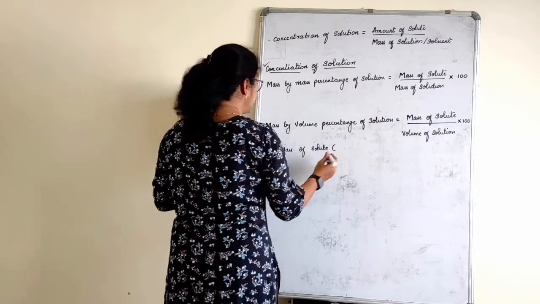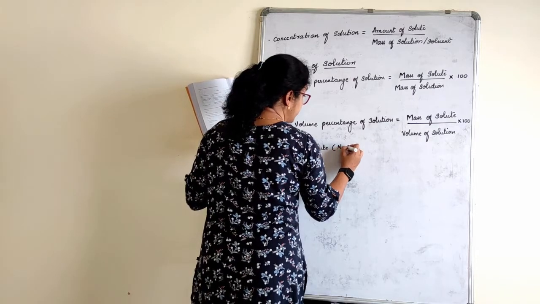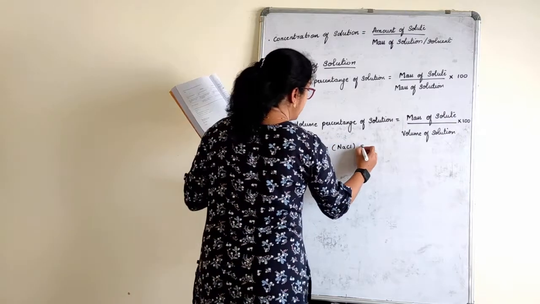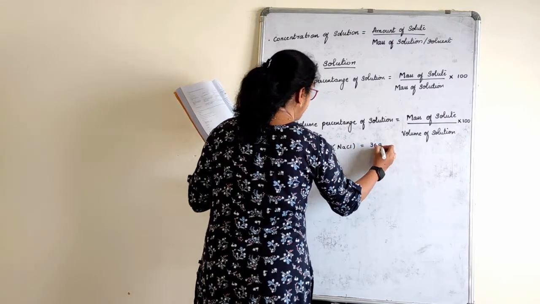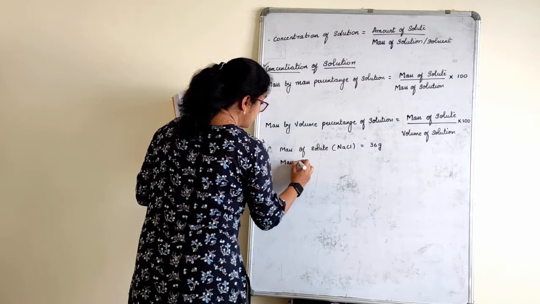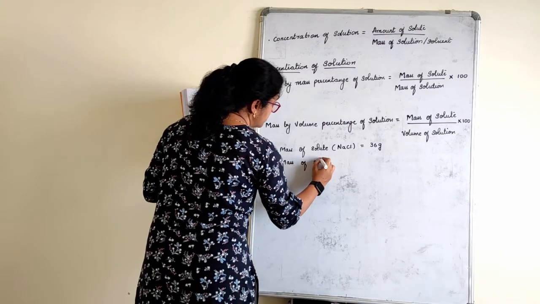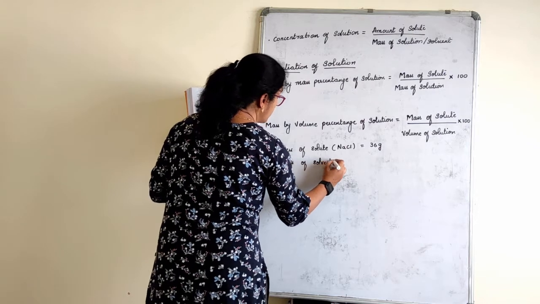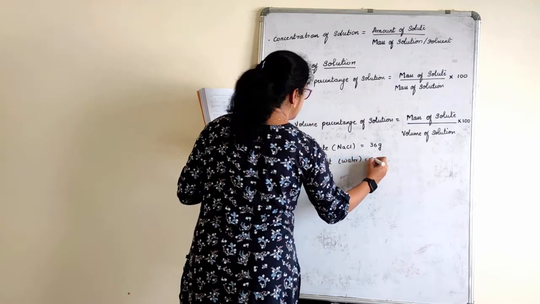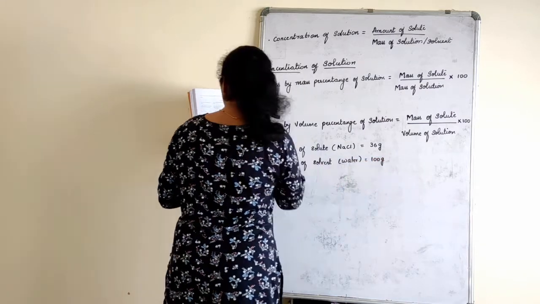What is that solute here? Sodium chloride. I will write NaCl. It is given as 36 gram. Then what is given? Mass of solvent, which is nothing but water, is given as 100 grams.